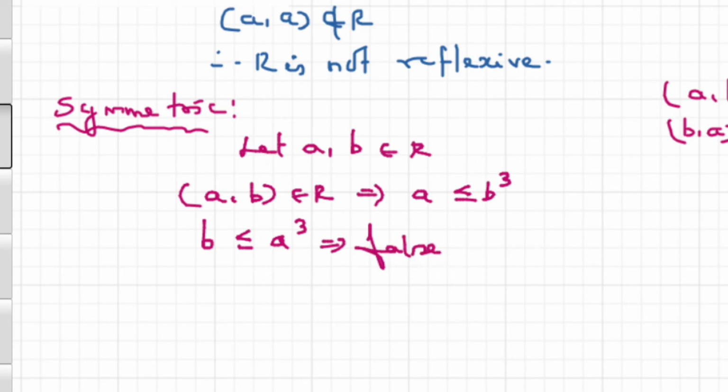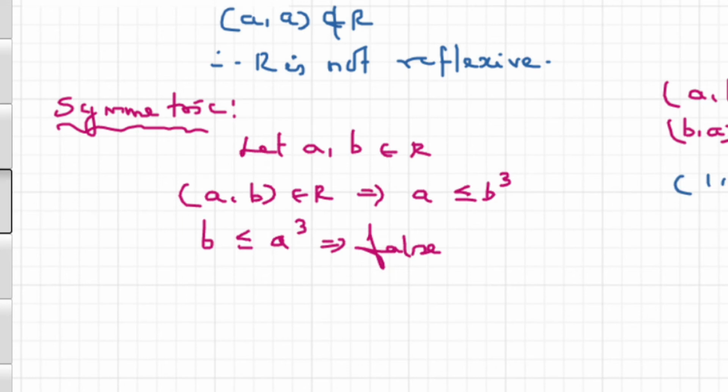Taking some example, it will be clear. If it is 2 and 3, then 2 is less than 3 cubed, which is 27. But if we have the reverse one, we'll see that is not true.